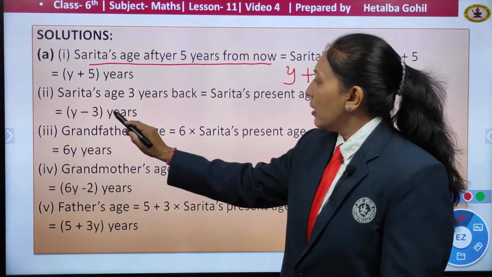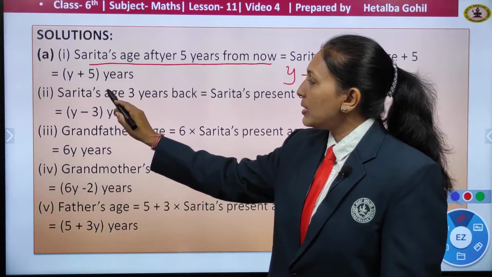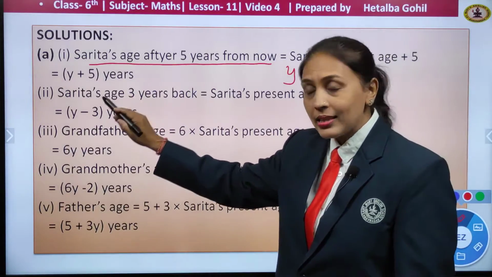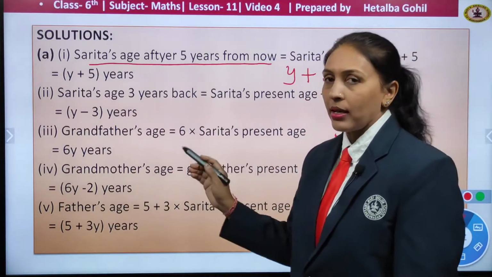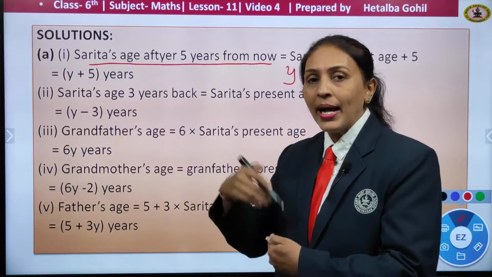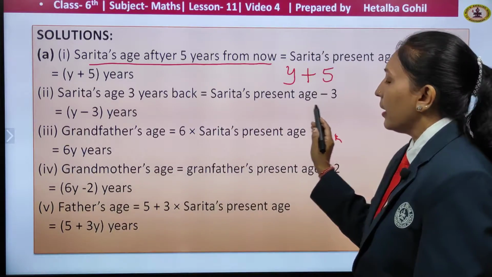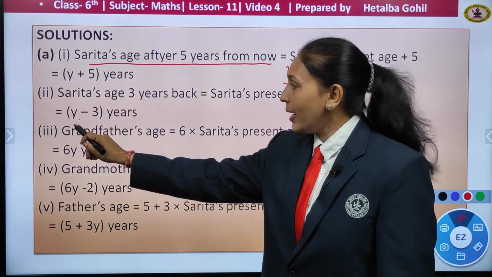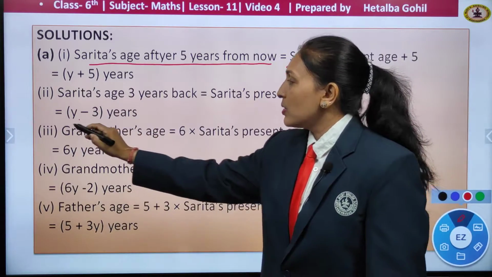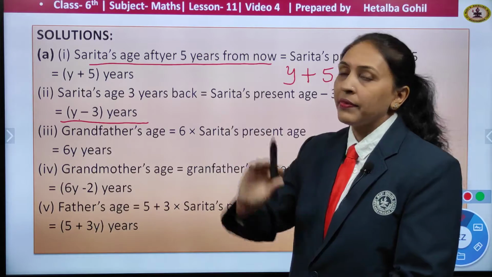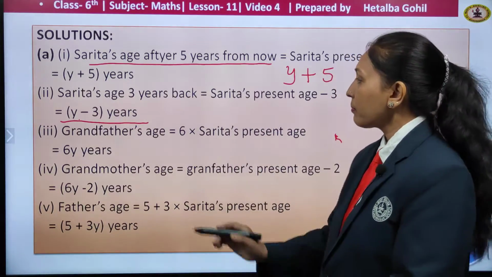Second one: what was Sarita's age 3 years back? They are asking about the past. So Sarita's present age minus 3, that means y minus 3 years. This will be the expression for the given statement.